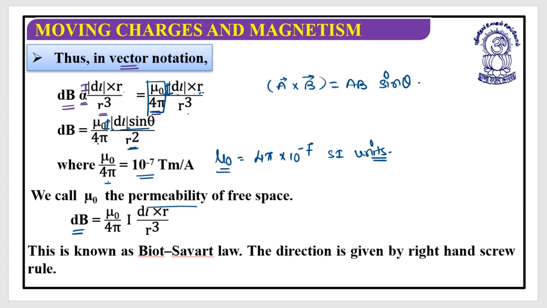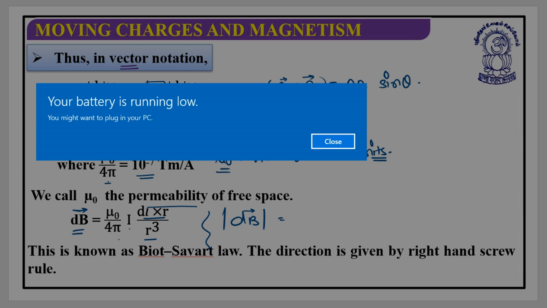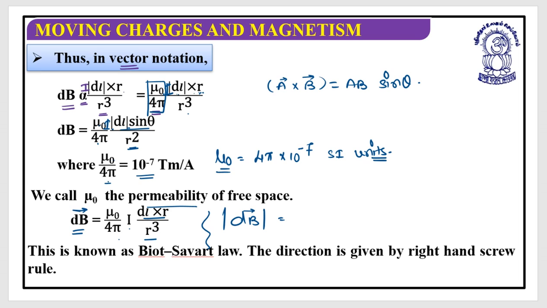So dB in vector form is mu naught by 4 pi, I dl cross r by r cube. And if I am interested only in the magnitude, then I can write dB equals mu naught by 4 pi, I dl sine theta divided by r square.